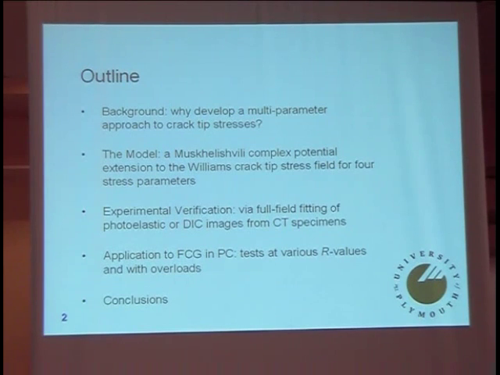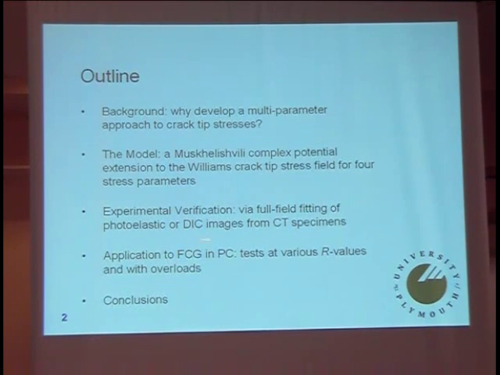So the talk outline is this. Background. Why are we interested in a multiparameter approach to crack tip stresses? The model, which is a Mashkelishvili complex potential extension to Williams crack tip stress field for 4 stress parameters. And then some experimental verification via full field fitting, and we can do this either for photoelastic or for strain through digital image correlation.